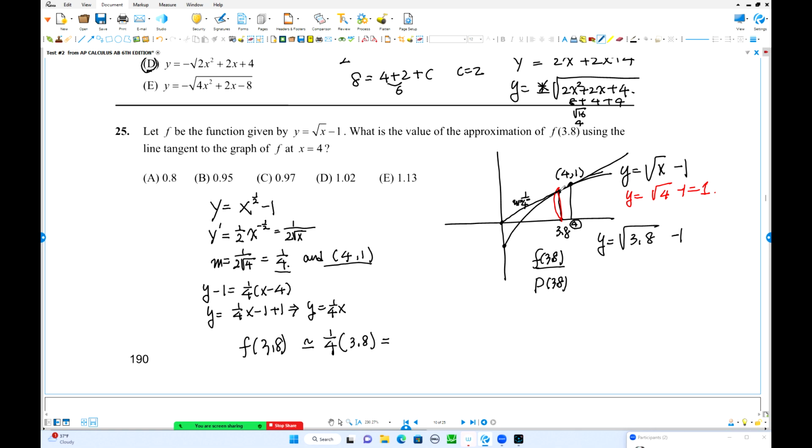Now we got the height over here, a little greater than this number. This number is about 0.95.